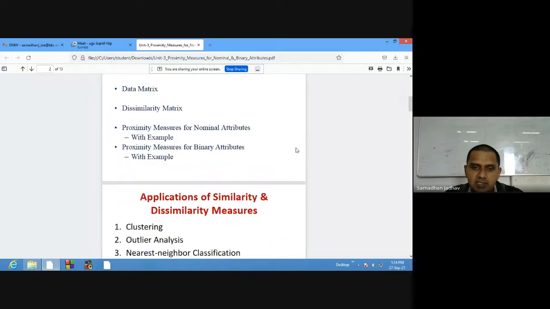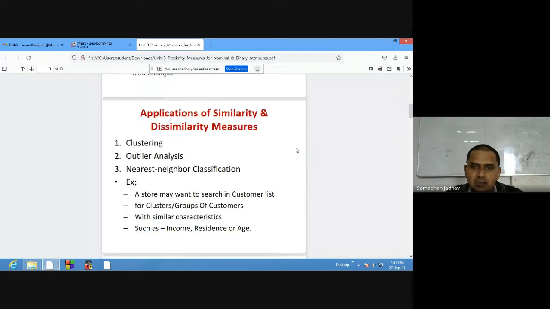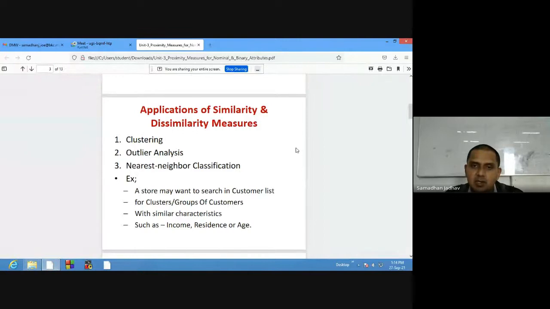So let us see first what are the applications of measuring similarity or dissimilarity. When we measure the similarity between objects, we can form clusters, we can group them in different groups.